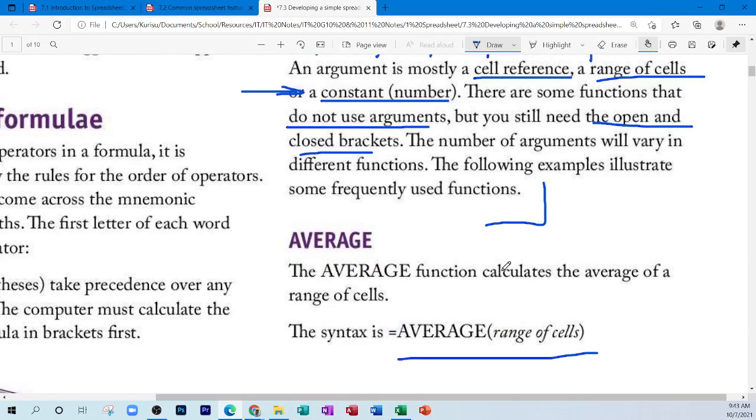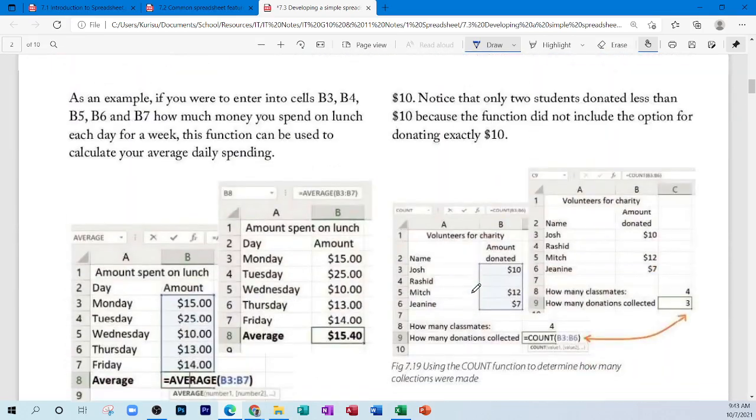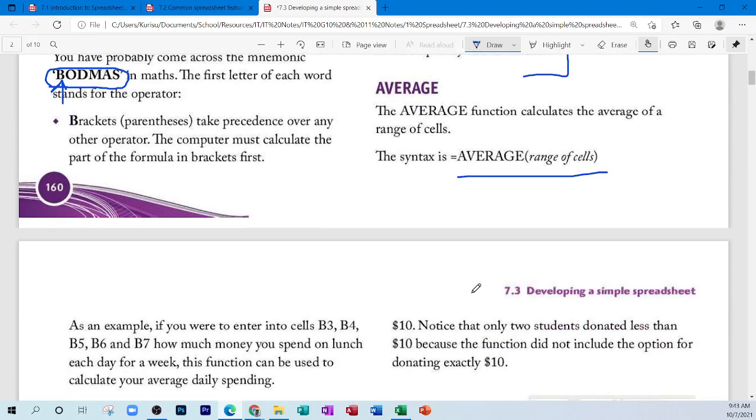So let's look at an example to give us an idea of the structure of a function. So the first function we're going to look at is the average function. Ray Mario, can you read for us?